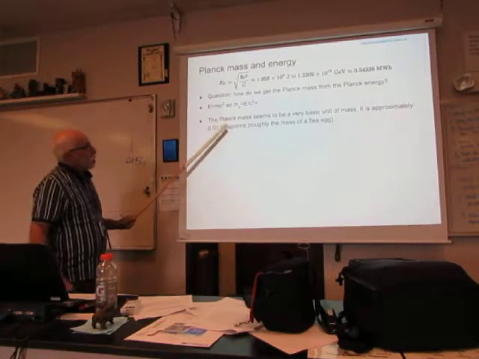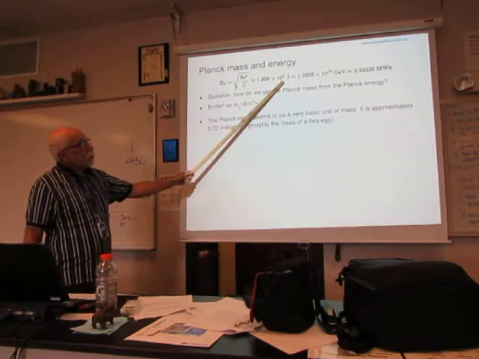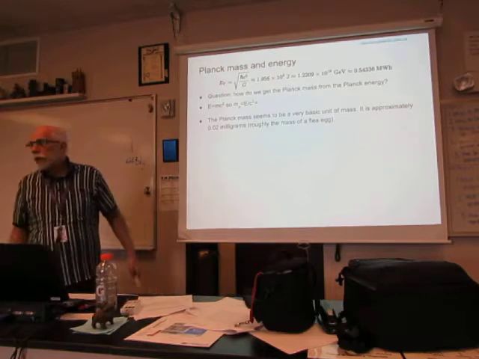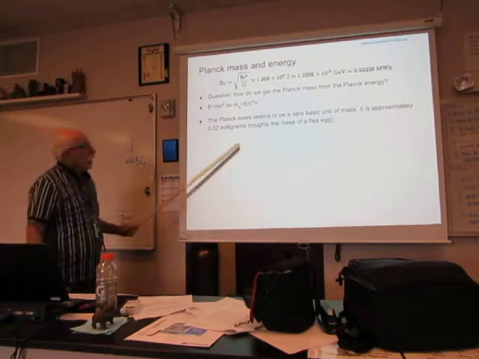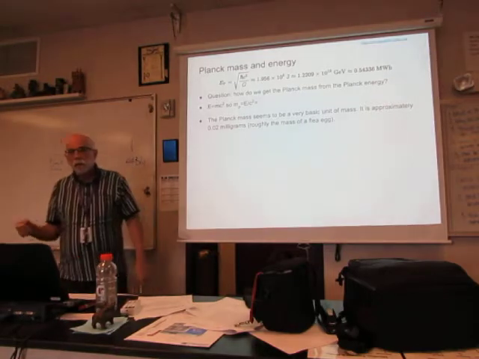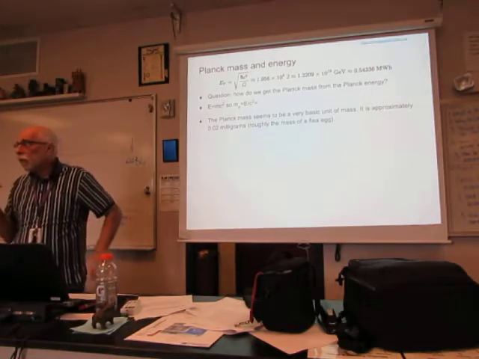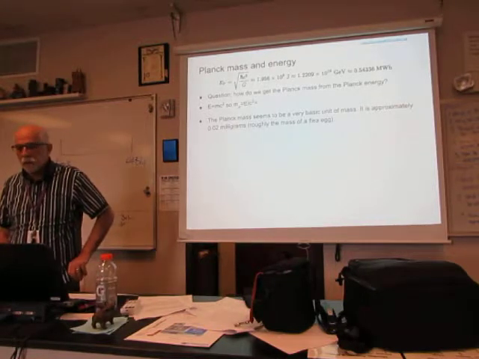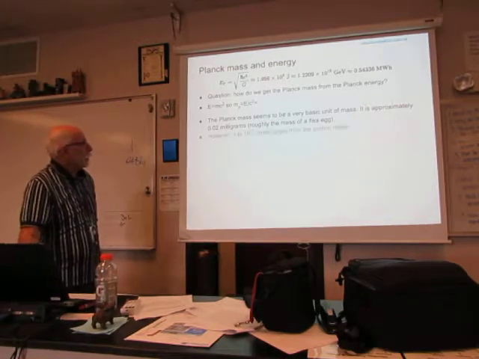Okay, so Planck energy is big, and the Planck mass, which you are busy calculating in your head right now, is about the size of a flea's egg. Very, very small, but with a proper microbalance, you could detect the Planck mass.